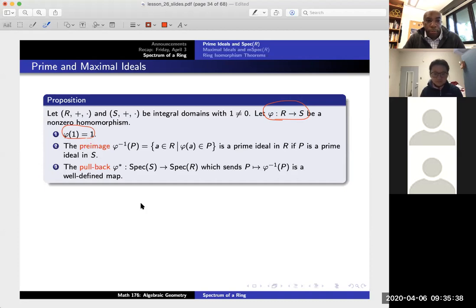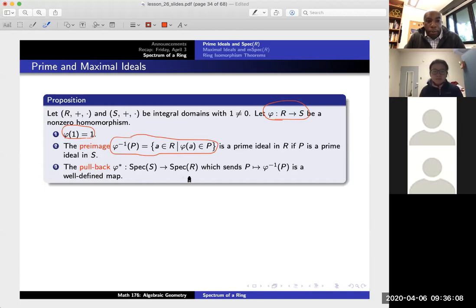Number 2, let's look at what's called the preimage. The preimage is the set of elements in R that map to phi of A that's in P, where P is, let's say, a prime ideal in S. So fix a prime ideal in S, and the statement is that phi inverse P is itself a prime ideal.